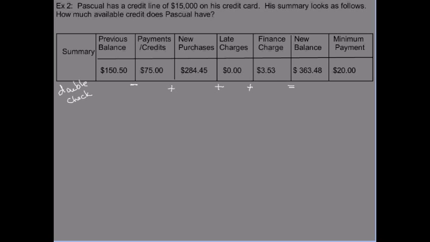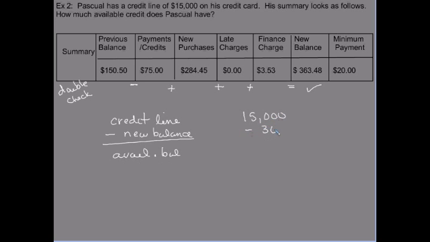Okay, we've got 363.48, so this is the same as we just did. So it checks out. We take the credit line and you subtract the new balance to get your available balance. So I have that 15,000 minus the 363.48 and his available credit would be $14,636.52.